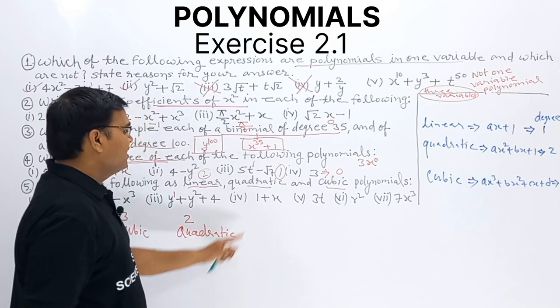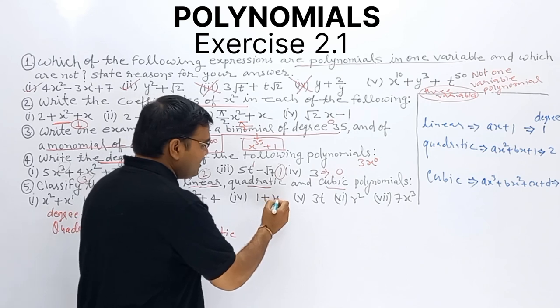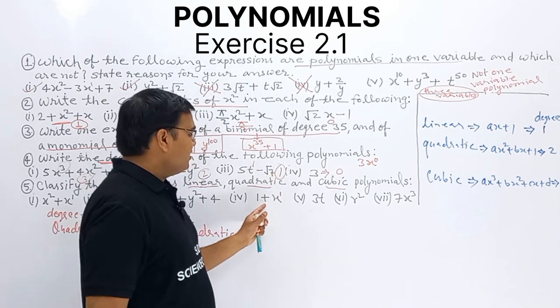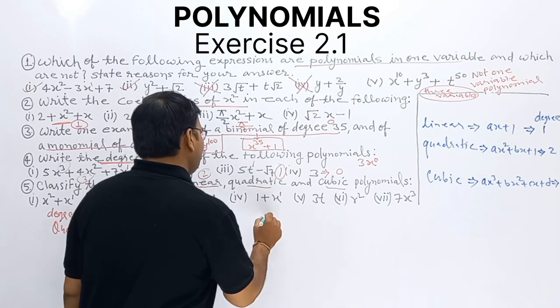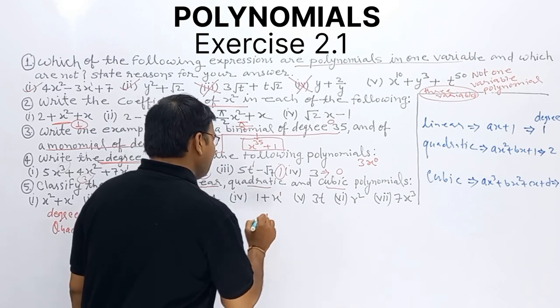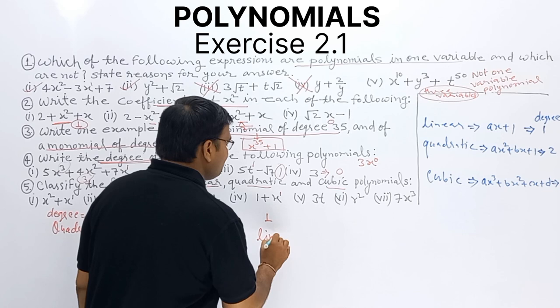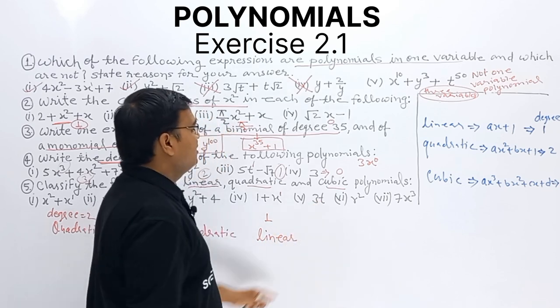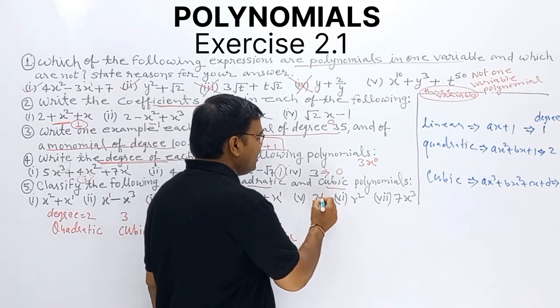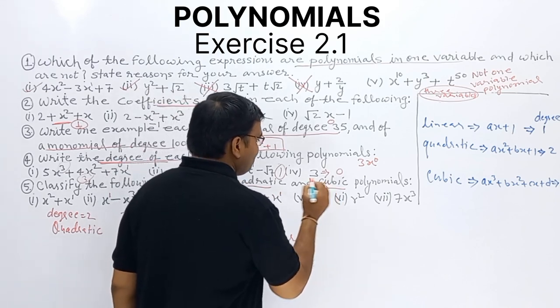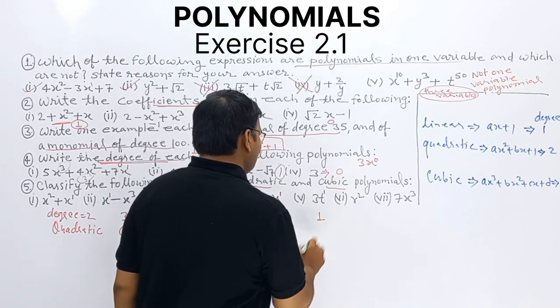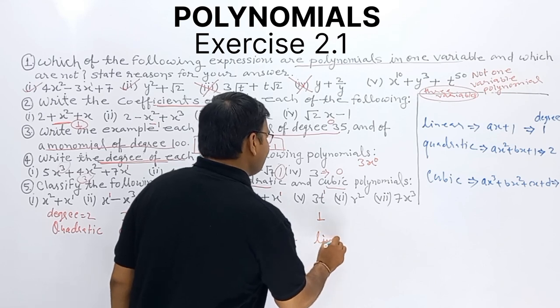Now next one, this one. The variable is x, its power is 1, the maximum power is 1, so its degree is 1, and when the degree is 1, that is called linear. Now this one, in which t is the variable, its maximum power is 1, degree 1, so linear.